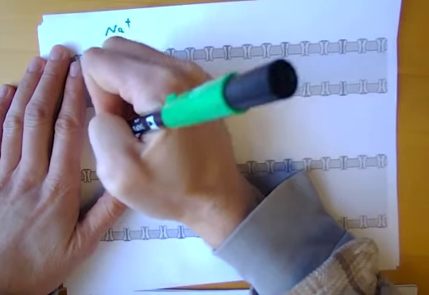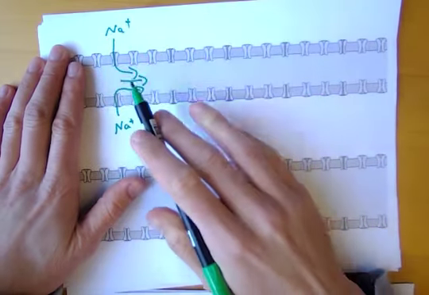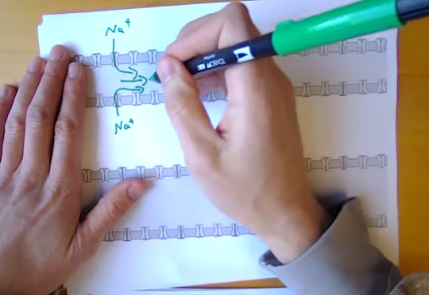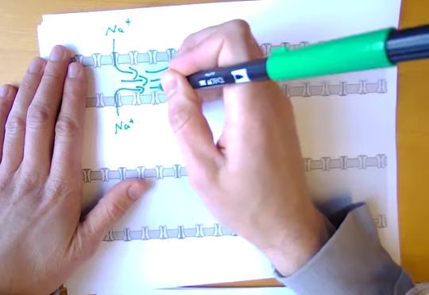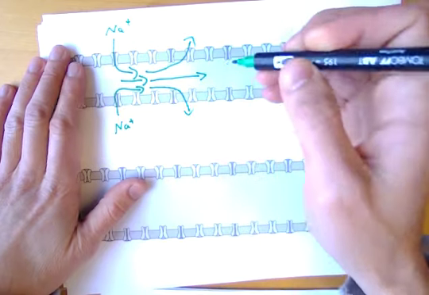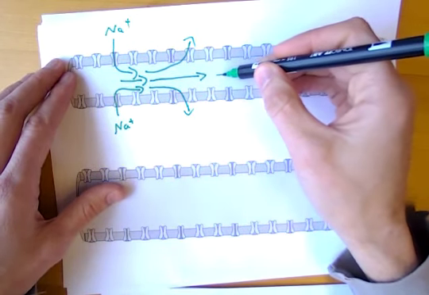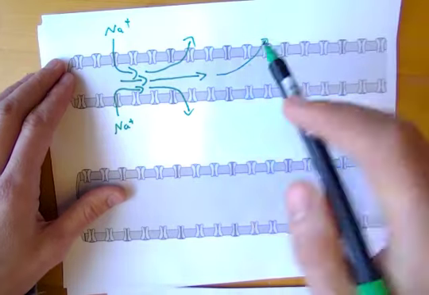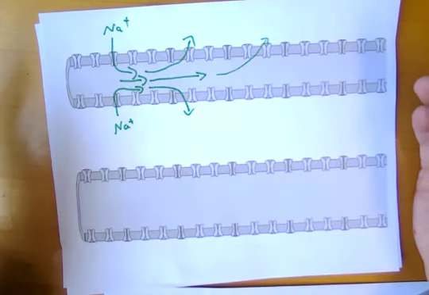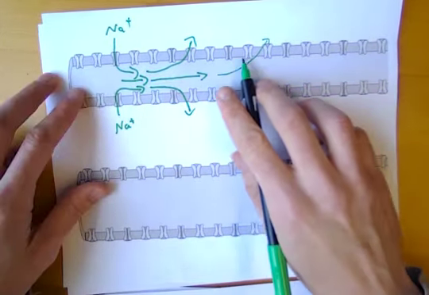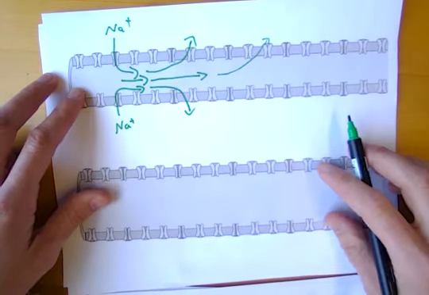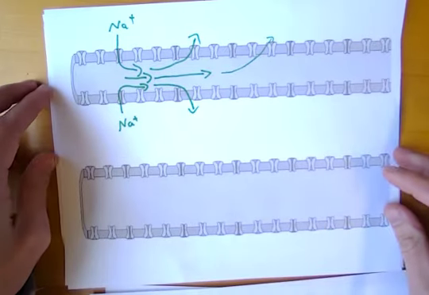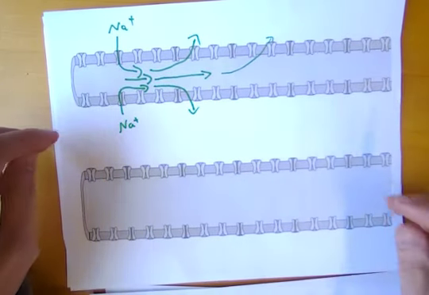Sodium floods in, creating this current that moves down. As we know before, some of this current moves out. It eventually dissipates, and it will disappear if we don't have any other sodium channels open. So perhaps this was a current that just wasn't quite strong enough to make it.